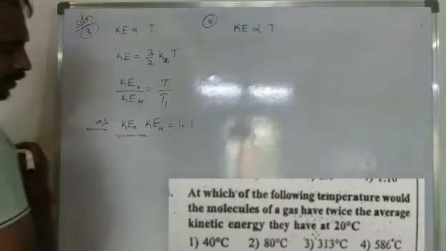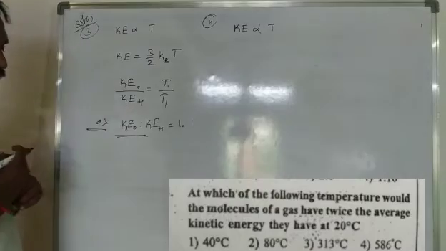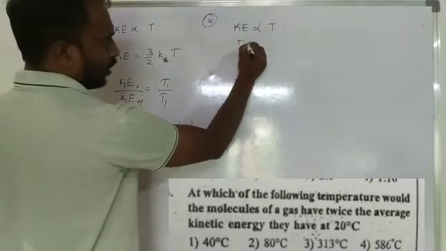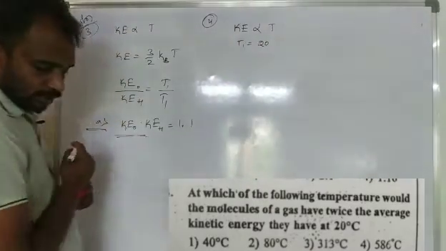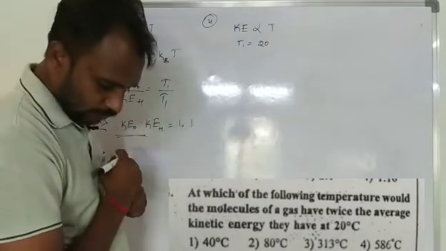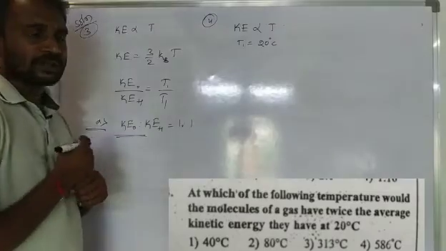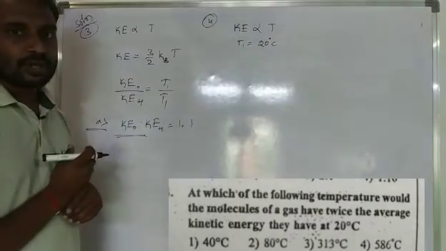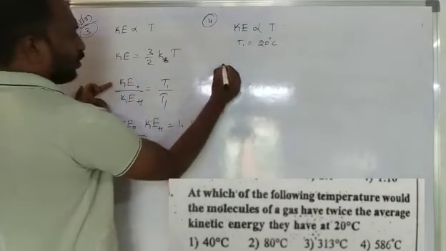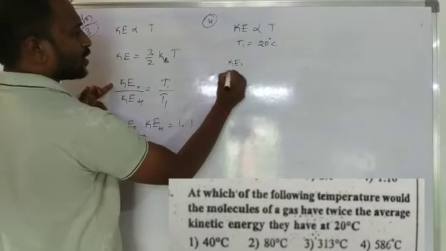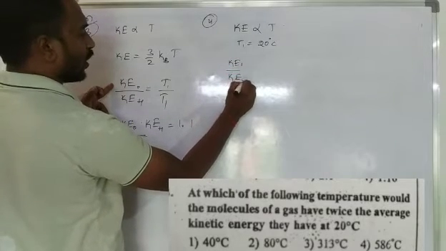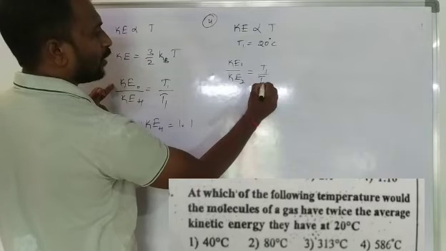Okay, so the first temperature T1 is given in the data. Temperature is equal to how much? In that problem, 20 degrees Celsius. So this one is a kinetic temperature. Here the same formula: kinetic energy for the first gas and kinetic energy for the second gas is equal to T1 divided by T2.